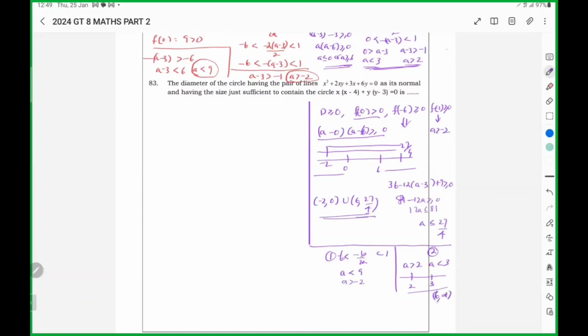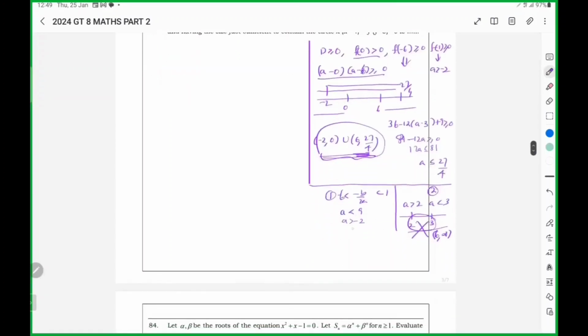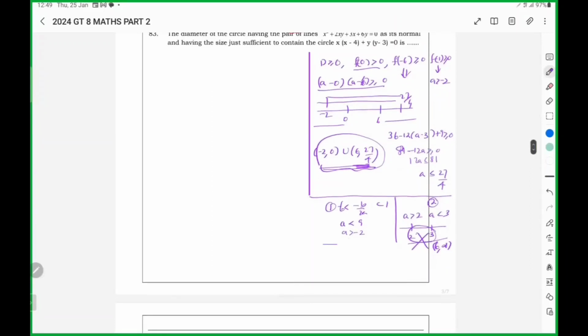That has to be here. So this 2 to 3 is not part of this solution. It is ruled out. So then the possibility is it should be greater than minus 2, less than 9, less than 27 by 4, and greater than 6.